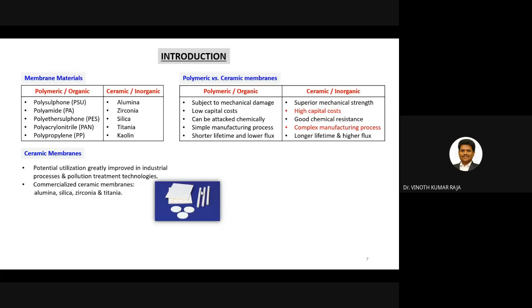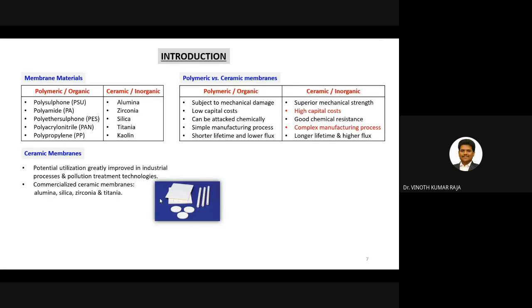So in recent years, the potential utilization of ceramic membranes has greatly improved, especially in a broad range of industrial processes and pollution treatment technologies.